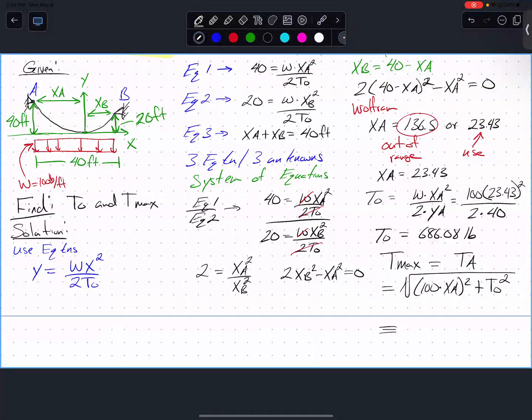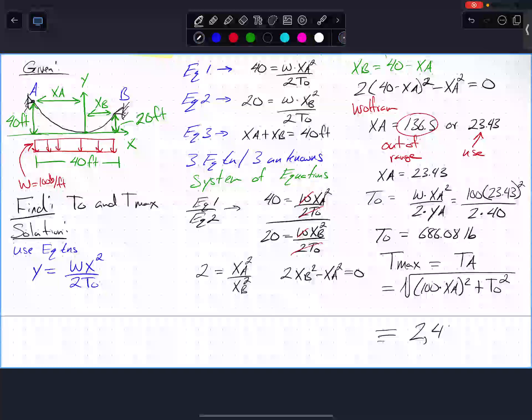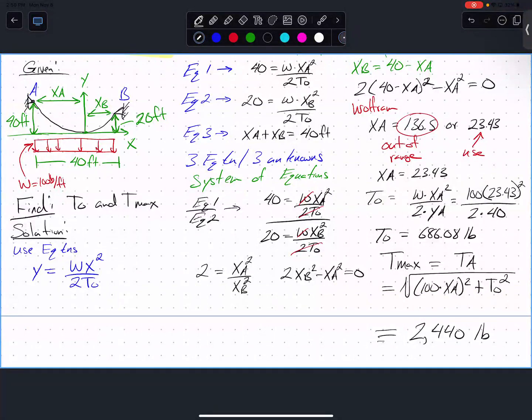And when we do that, we are going to get 2,440 pounds.